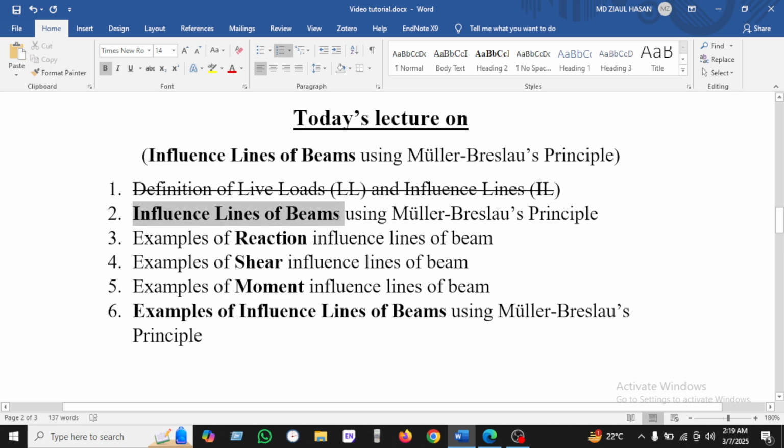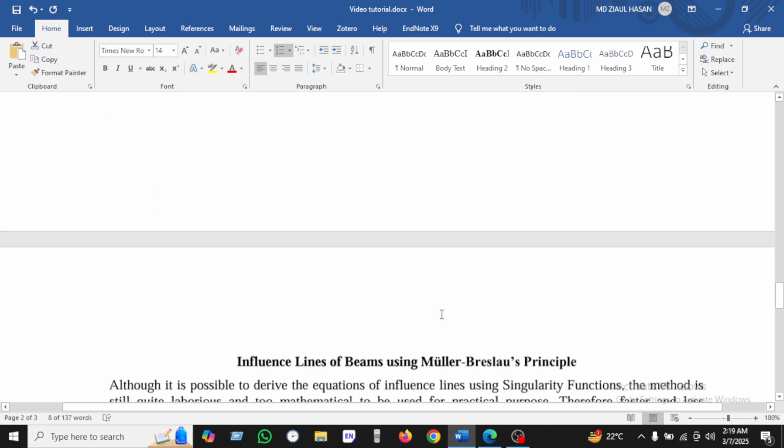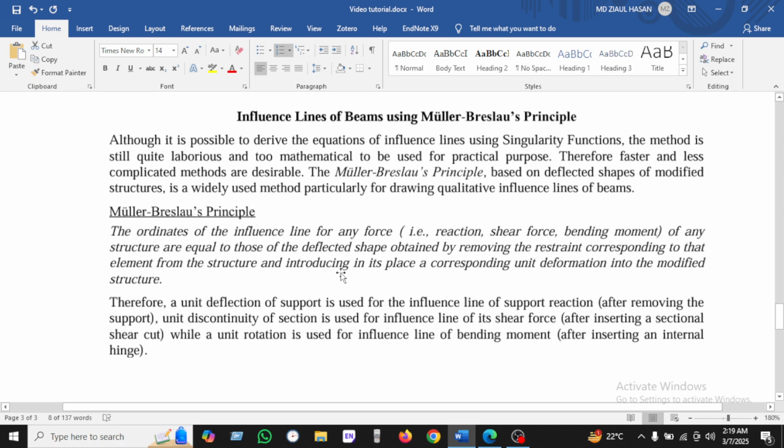Now we'll see the influence line of beam using Breslau's principle. That is also taken from Professor Dr. Anam Sir, University of Asia Pacific, Dhaka, Bangladesh. Influence line of beam using Breslau's principle.